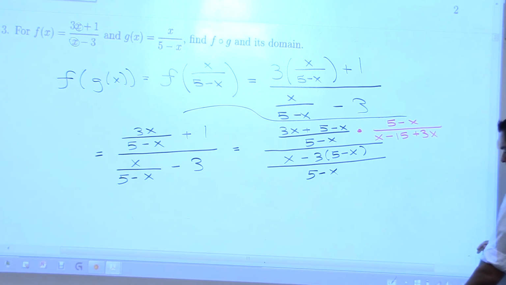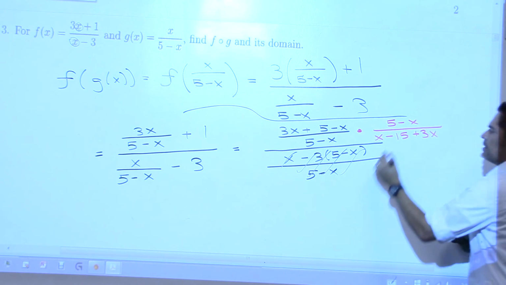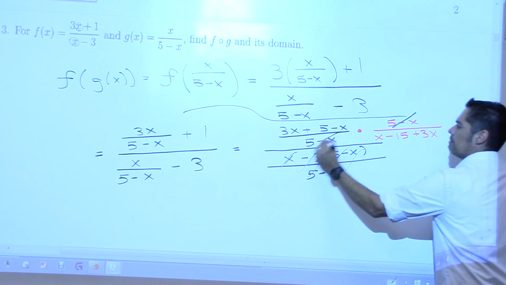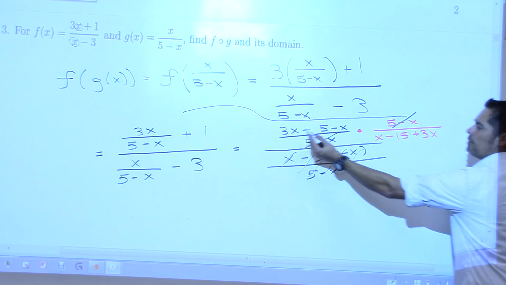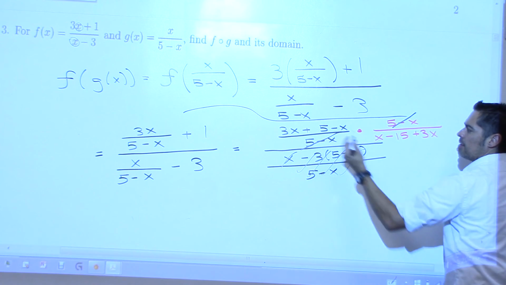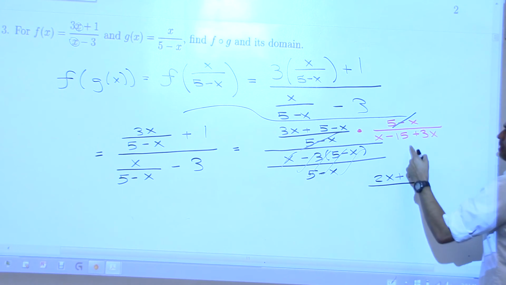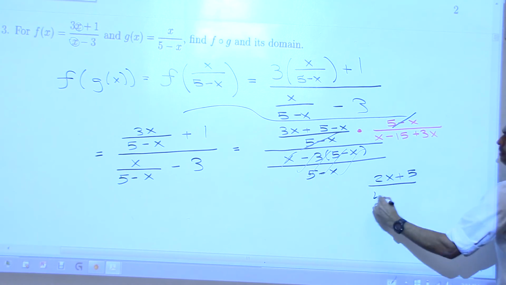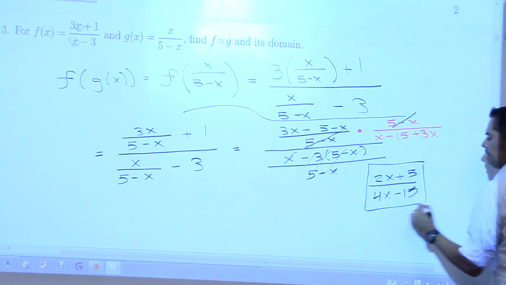In the book, they don't distribute it, they just leave it like that. Oh, that's fine. I'm just doing that. And then it's going to be 3x plus 5 minus x, that's 2x plus 5 over 4x minus 15. That's it.